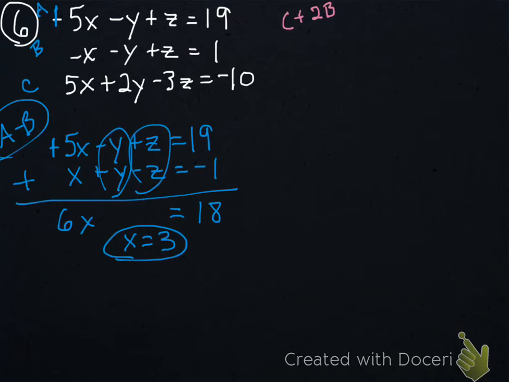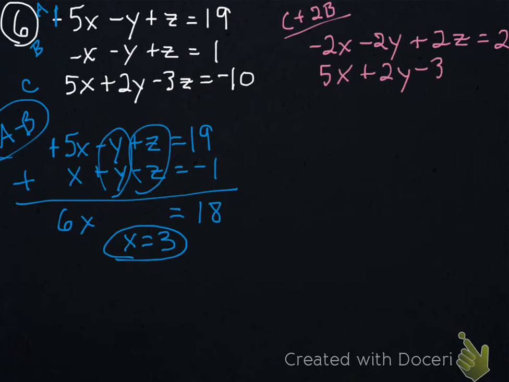So twice B, that's going to be negative 2x minus 2y plus 2z equals 2. Now, the C equation. 5x plus 2y minus 3z equals negative 10. Add them together. Y's are going to cancel. I'm going to have 3x minus z equals negative 8.